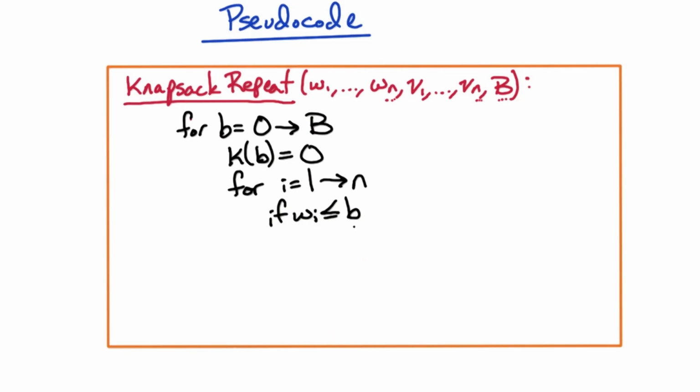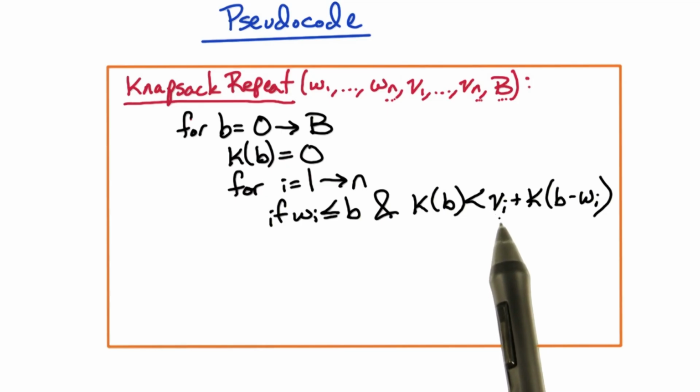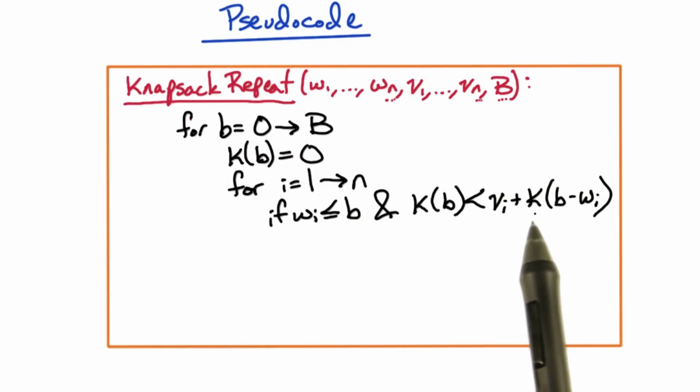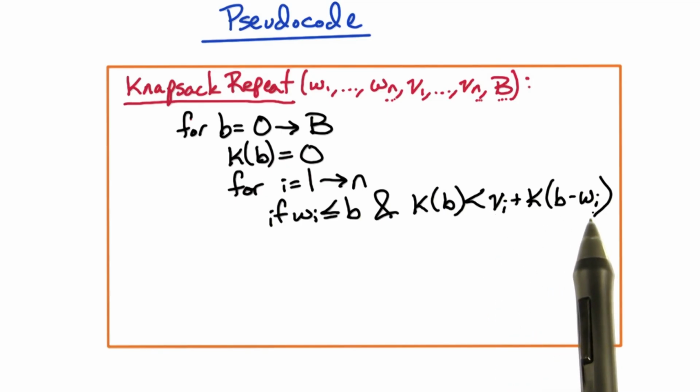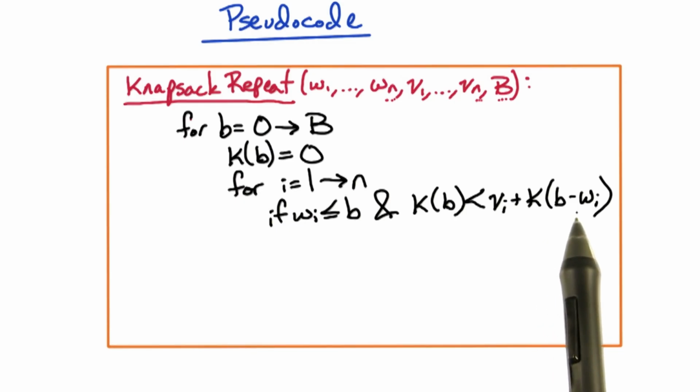And now if it is, we check whether this obtains a solution which is better than anything we've seen previously for this index. So the previous best solution is K of b, and the new solution we obtain is vi for adding object i plus the best solution for capacity b minus wi, which is K of b minus wi.